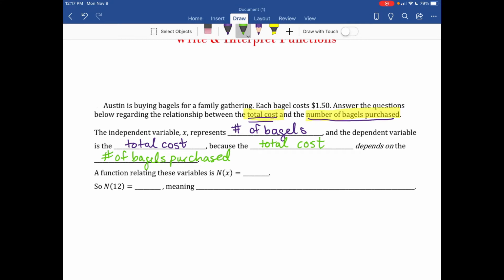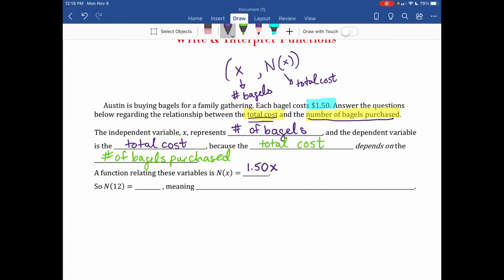So n of x represents the total cost of our bagels. And we know the cost of each bagel is $1.50. So we would express that function as 1.50 times x, because x represents the number of bagels and n of x represents my total cost.